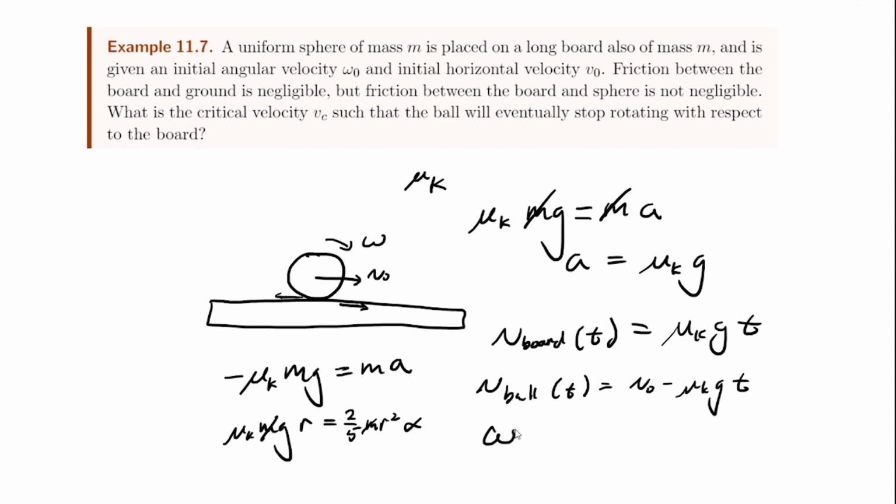So omega ball of t, and in this case we're assuming it's increasing based on the directions we've written. So omega ball of t is going to be equal to omega naught plus 5/2 mu sub k g over r times t.